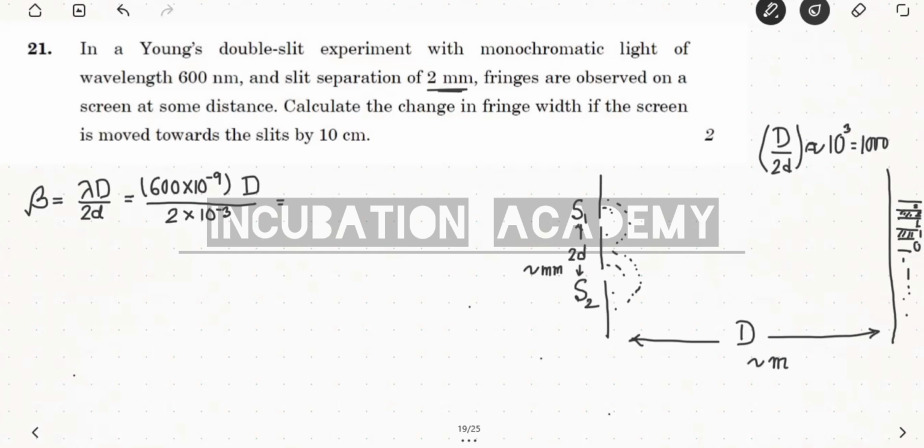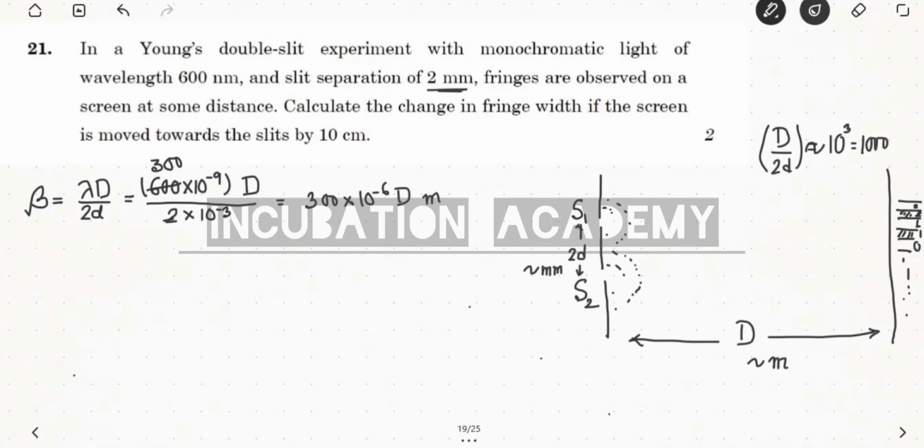I find the fringe width beta in terms of capital D, since you don't know what capital D is. The 2 cancels out and it becomes 300 multiplied by 10 to the power minus 9 plus 3, so 300 into 10 to the power minus 6 D meter. That is the fringe width.